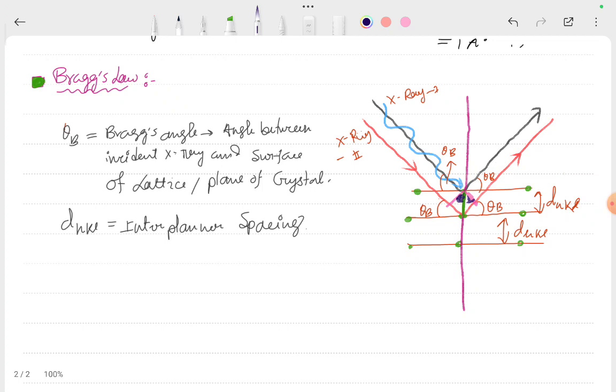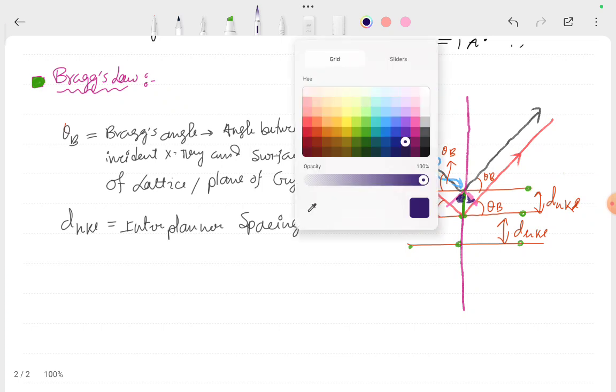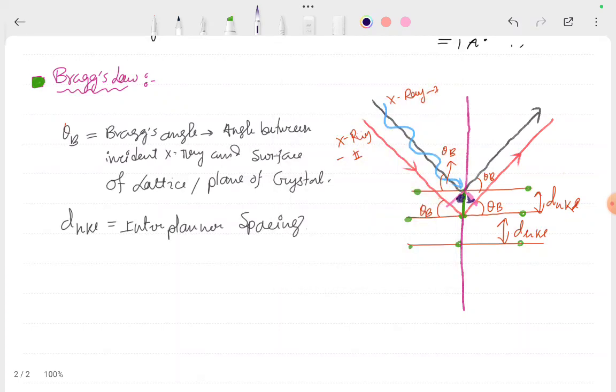Push yourself and try to calculate why these angles are also theta B. Just imagine and calculate.